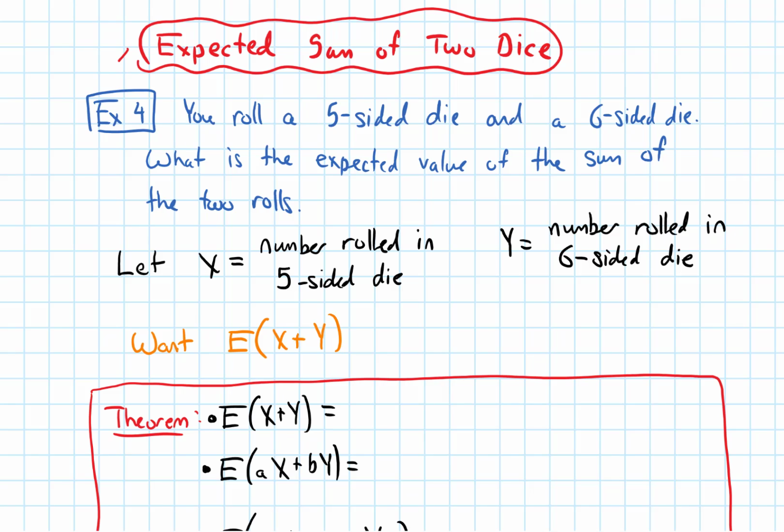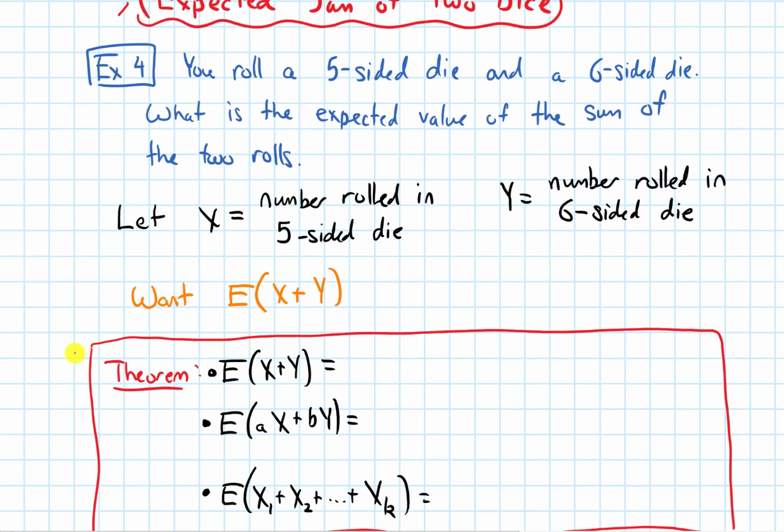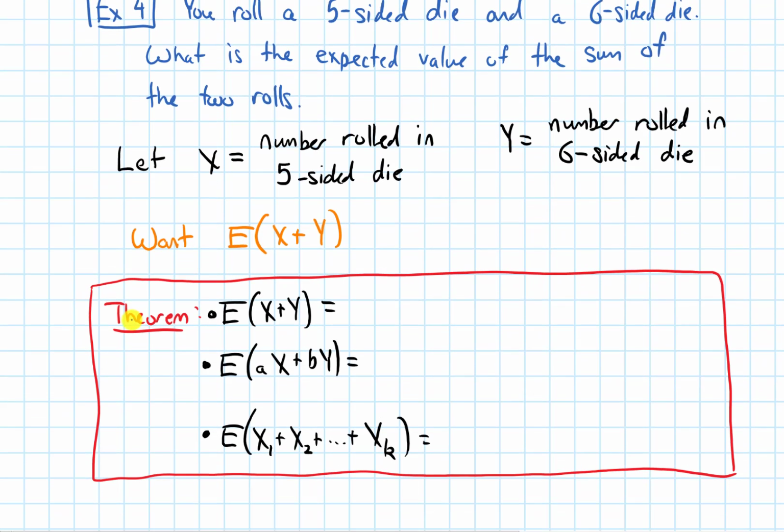That's going to bring us to a key theorem about expected values. I'm just going to state what the theorem says, and we're going to go ahead and use it. We're not going to prove this. I'm going to state three parts to this theorem. The first says that the expected value of two random variables added together is equal to the expected value of the first random variable plus the expected value of the second random variable.